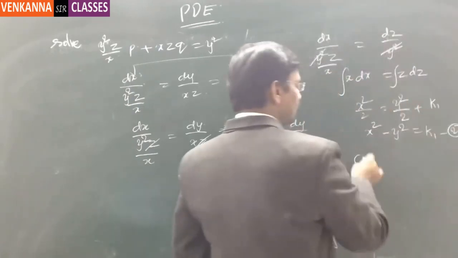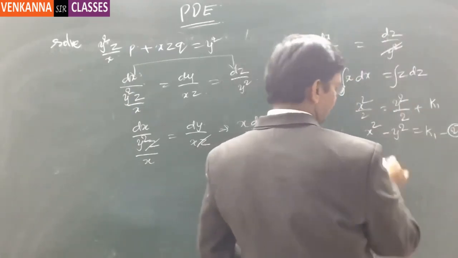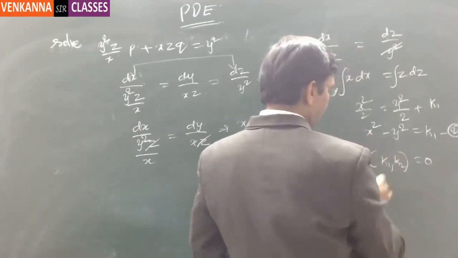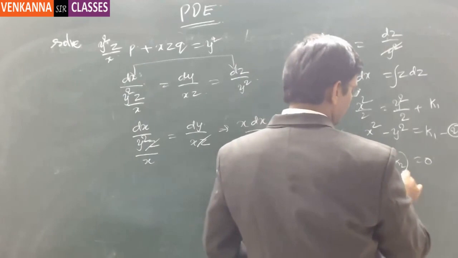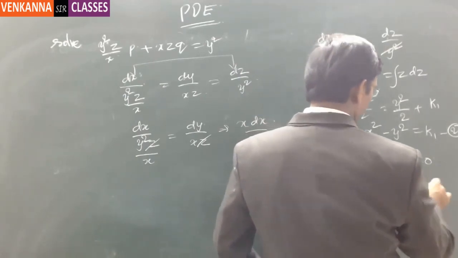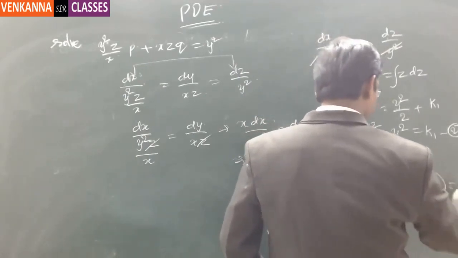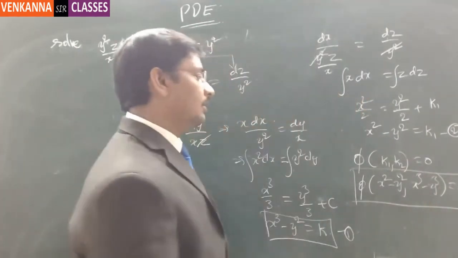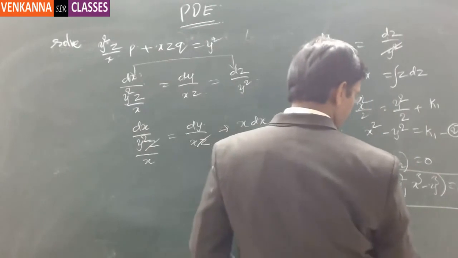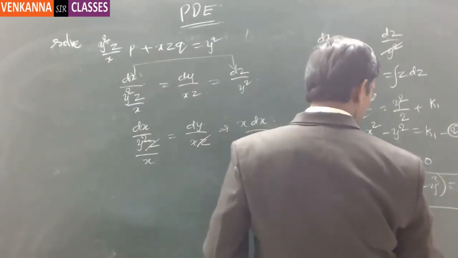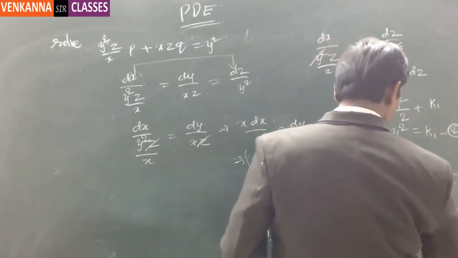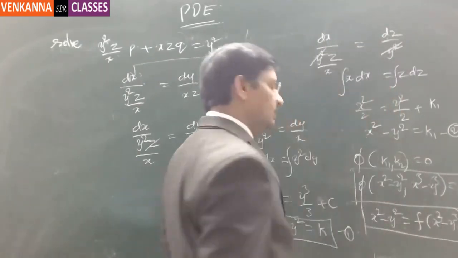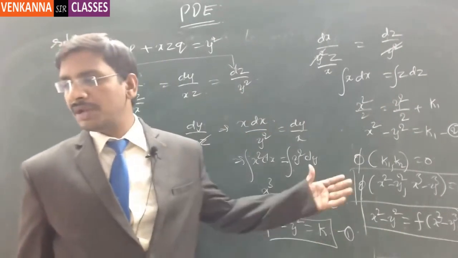At the end you need to write the solution as phi of k1 comma k2 equal to 0, or phi of x square minus z square comma x cube minus y cube equal to 0. So this is the solution, or in other words it can be written as x square minus z square is equal to some random function of x cube minus y cube. So any form is possible to write. You just need to mention this.